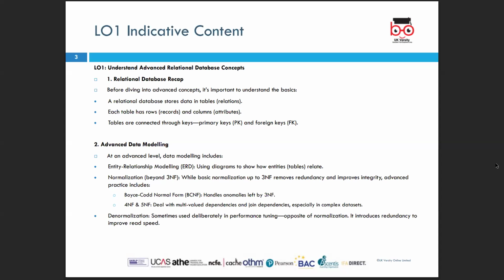So as we can see here, we have a definition, a relational database recap, where before diving into advanced concepts, it is very important to understand the basics, such as what a relational database does, how it stores data in tables with rows, records and attributes, and also how these tables are connected and communicating with each other, with primary keys and foreign keys.